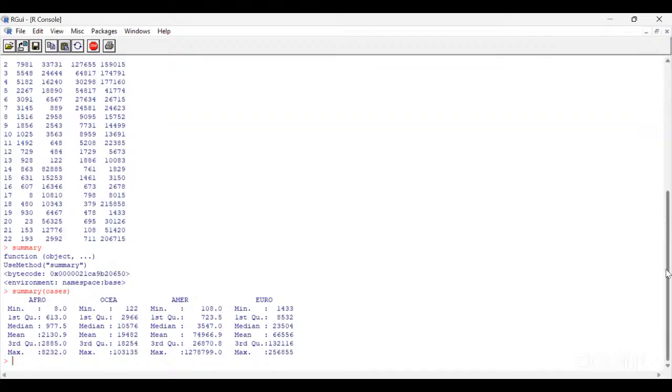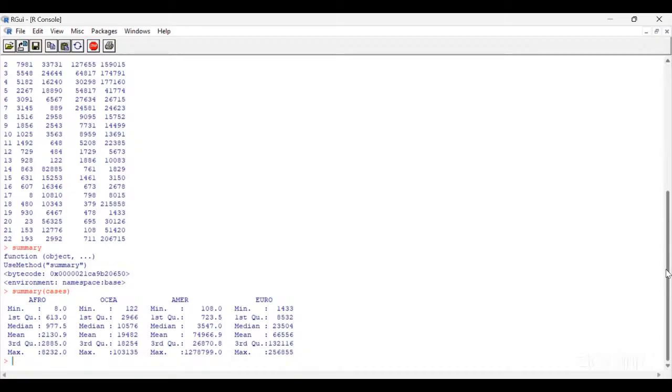So here you see you have the mean, median, first quartile, maximum, minimum. That is just descriptive statistics. And you can see the mean infection in all those regions.